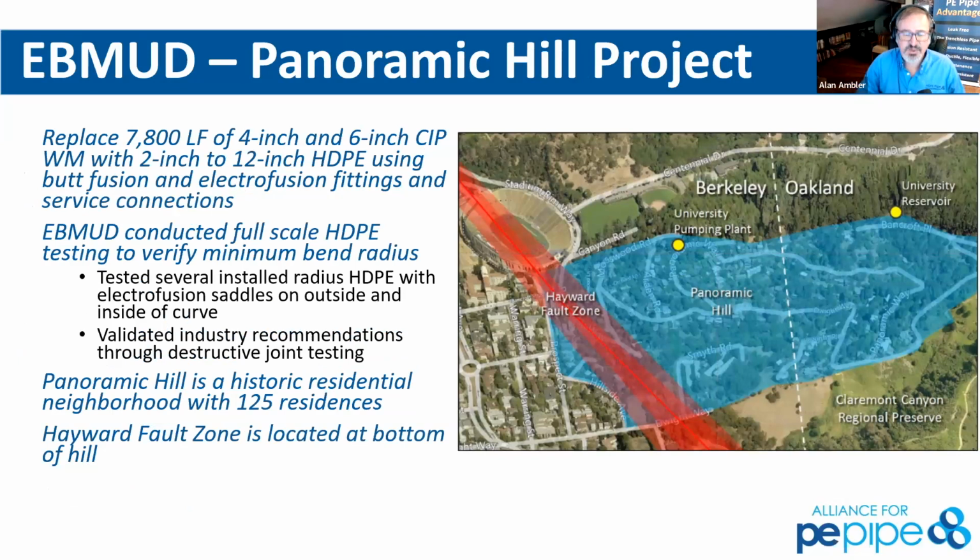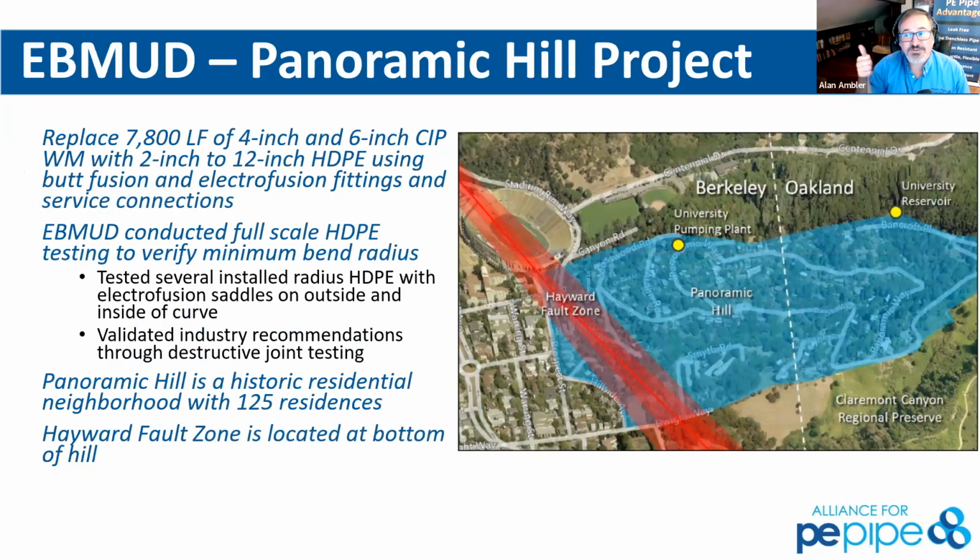We are a little bit behind, so we are going to try to get through some of these. This Panoramic Hill project in East Bay MUD, a fairly complicated one, lots of 4-inch and 6-inch diameter to be replaced. One of the biggest things that was complicated about this was a lot of things.